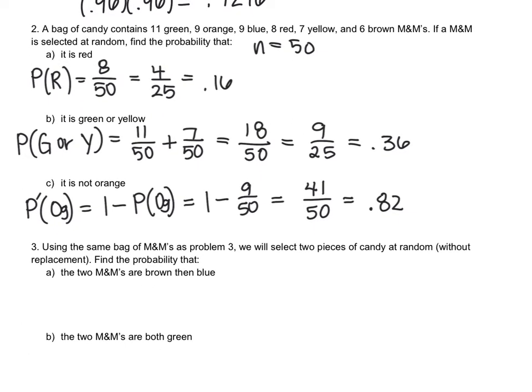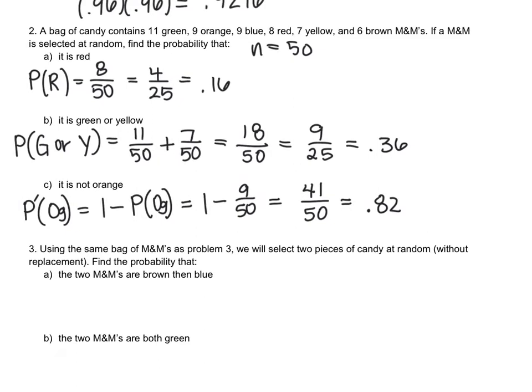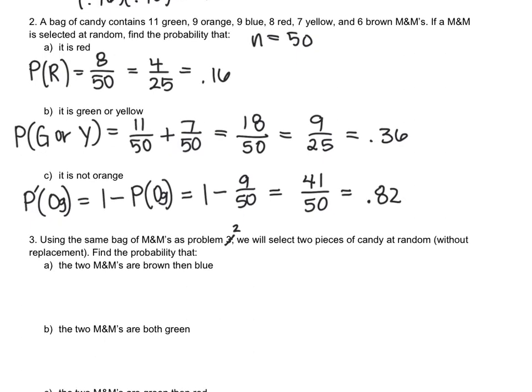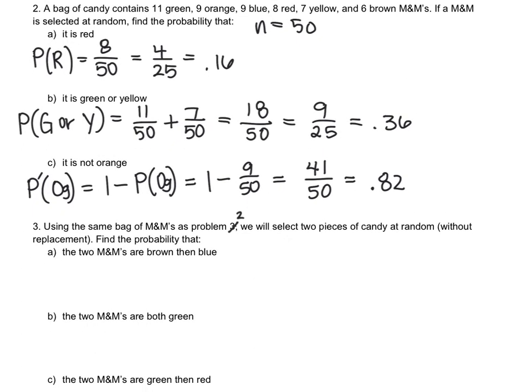So we're going to use the same bag of M&Ms as, I should say, problem 2. But we're going to select 2 pieces of candy at random without replacement. And firstly, we want to find the probability that the 2 M&Ms are brown and then blue. So that's the probability of brown and blue.